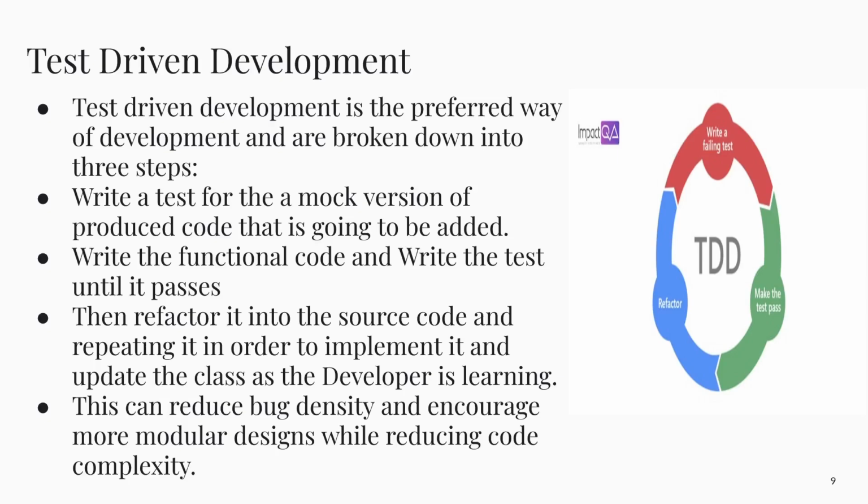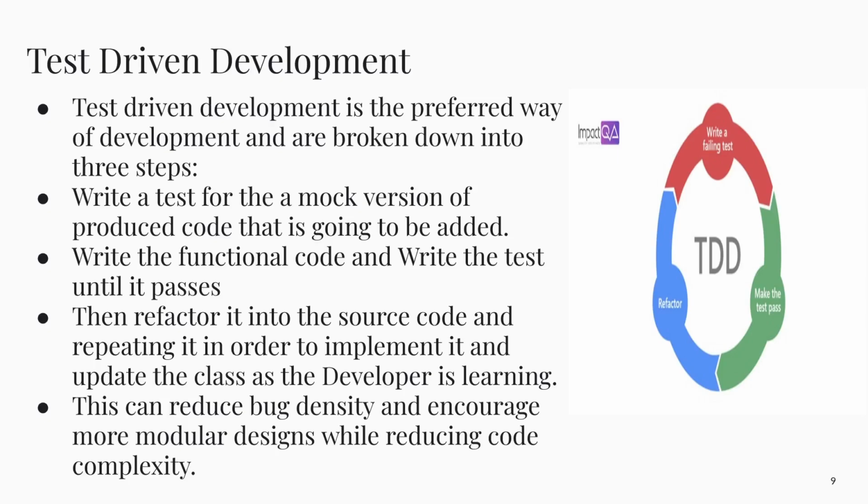And then afterwards, we have to write the functional code and write the test until it passes. So this means we have to continue writing the code and then placing it into the test, writing the test, and then using the test until it passes. So that would be your red.